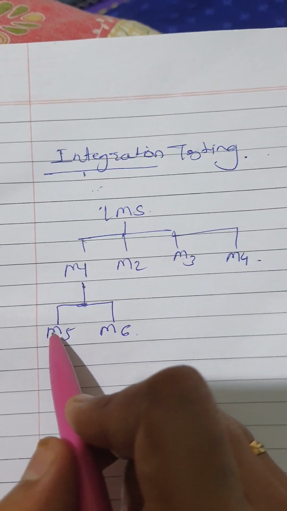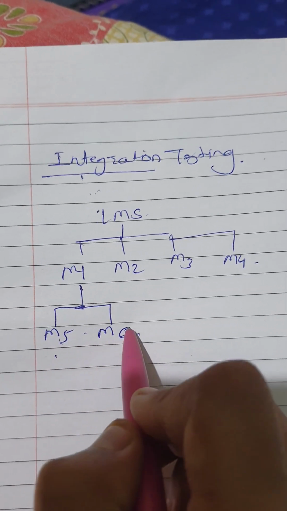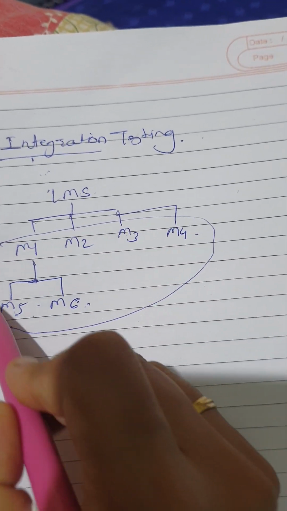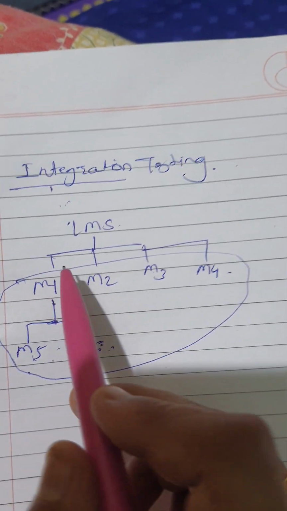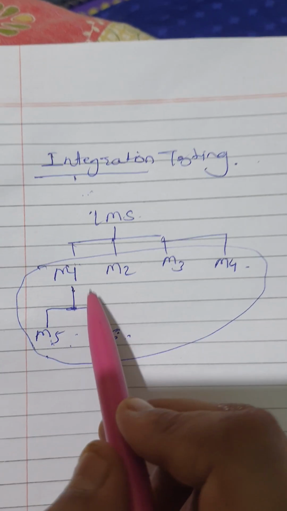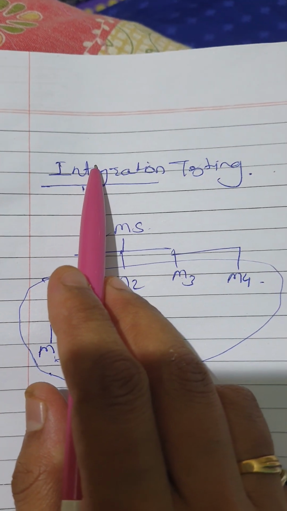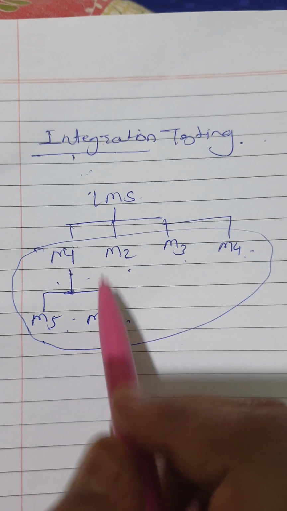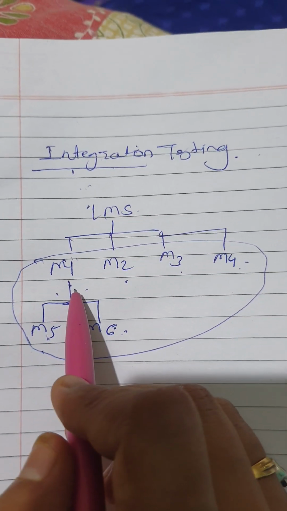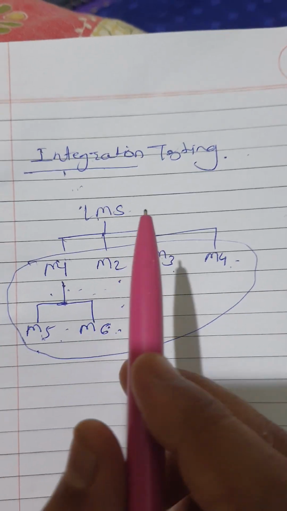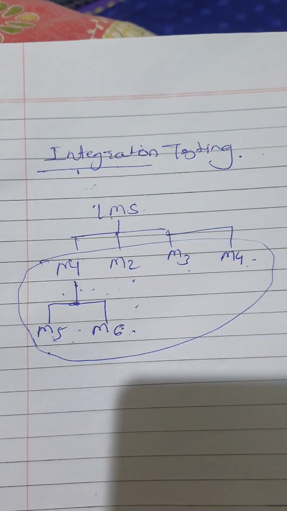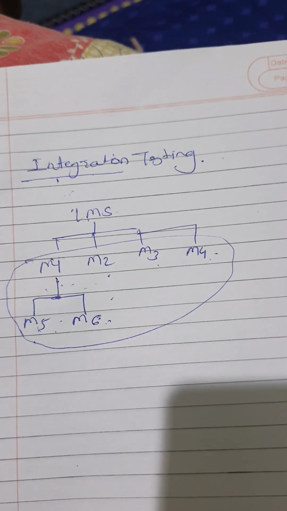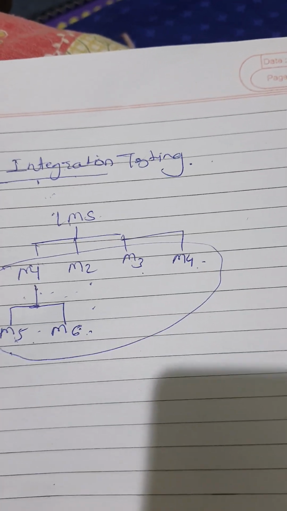If these individual parts of the software are integrated together, means combined together, and testing is performed, such type of testing is called integration testing. Integration means multiple parts, multiple components of software combined together, and testing is performed on them. The name itself indicates it: integrate means combine together.